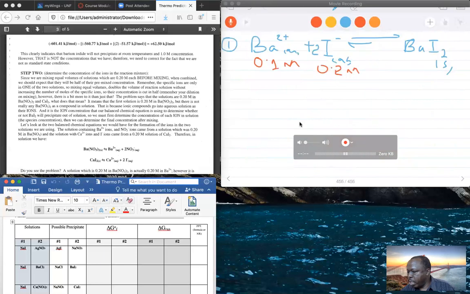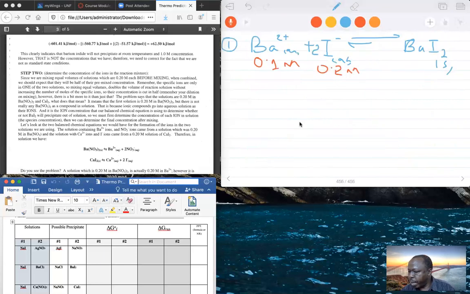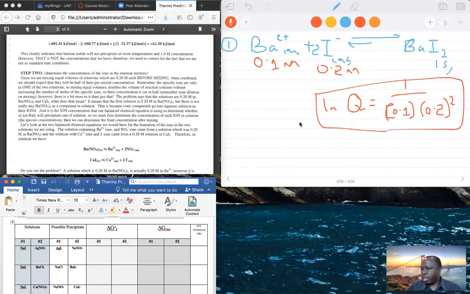The reason we want this is to get ln of Q. Ln of Q is given by 1 over the concentration of 0.1 raised to 1, times 0.2 raised to 2.